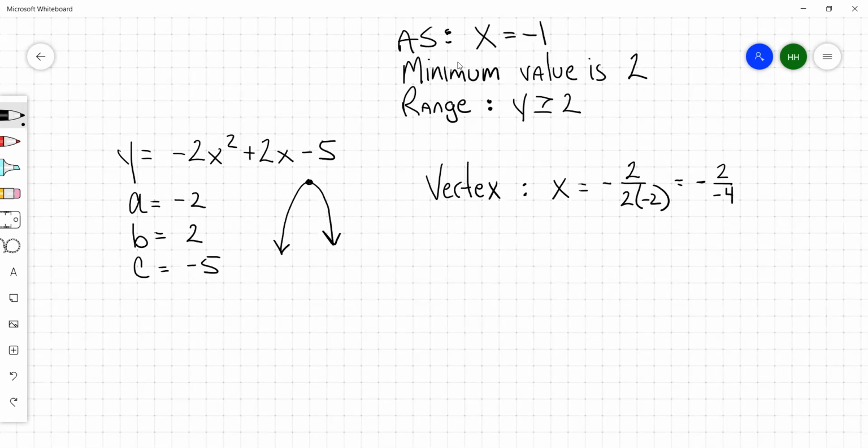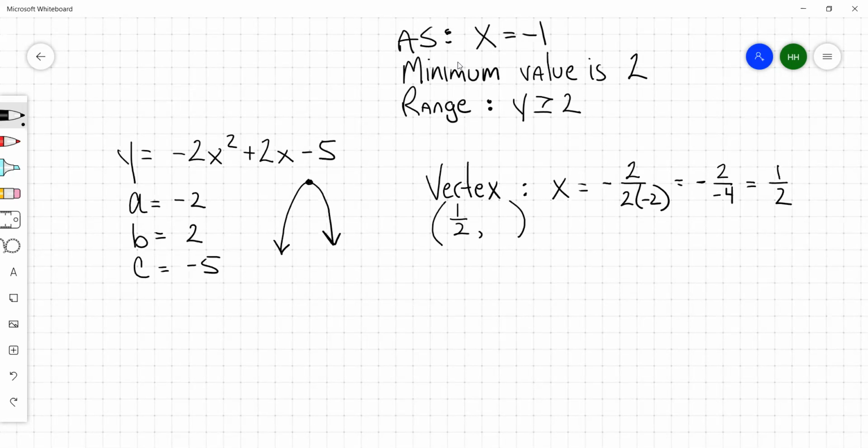The opposite of 2 over negative 4 is going to be 1/2. Everybody understand that? Negative of a negative is positive. So your vertex is going to be at 1/2, comma. You got to figure out what y is at the vertex.